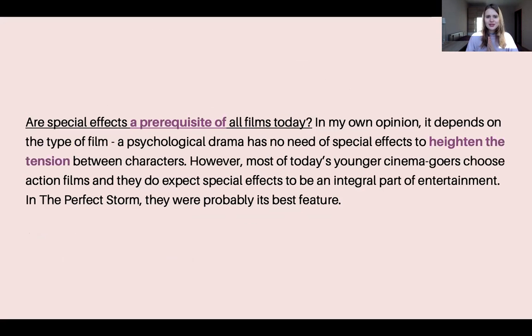And the last paragraph, also some beautiful vocabulary like be a prerequisite of or heightened attention.